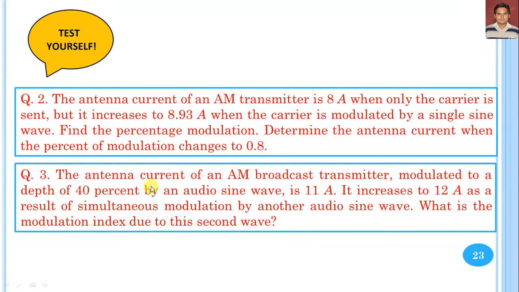So that we have discussed in this lecture, through which we can calculate the modulation index, as well as some antenna current parameters. So this is the process through which we have discussed the power relation as well as the current relation in AM waves. And we have discussed the total modulation index, and the problems that we have discussed in this lecture.